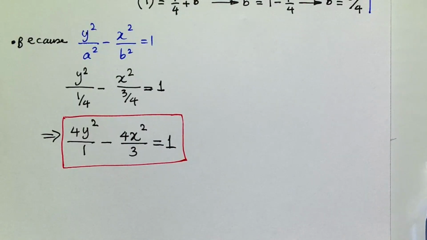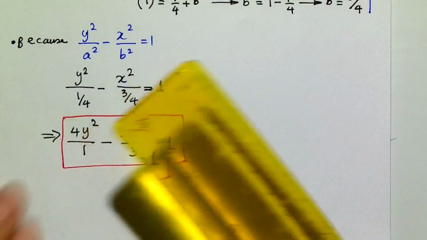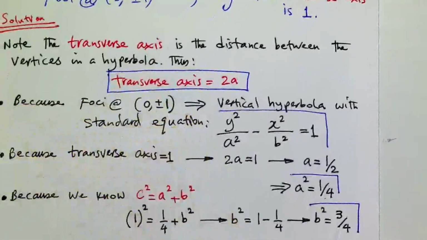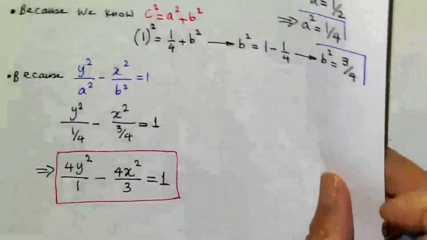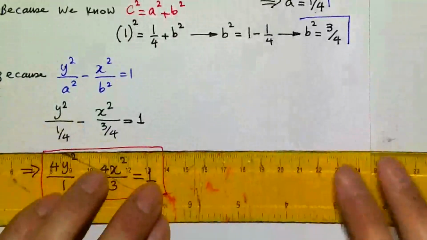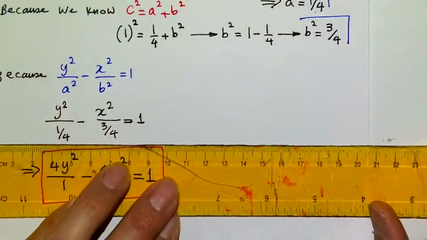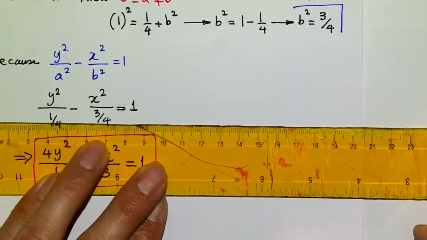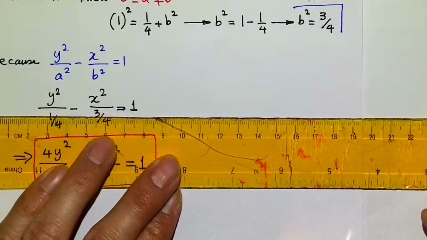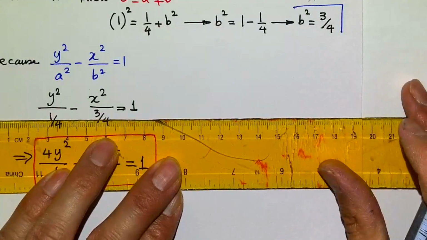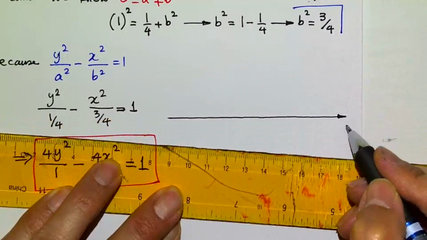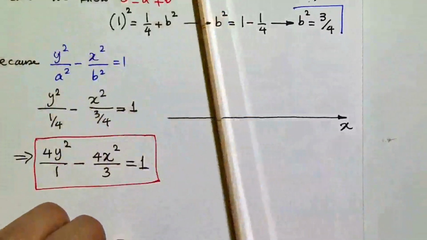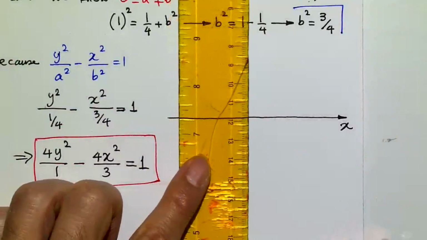Now, the transverse axis, we talked about it here as being 2a. I want to make sure that everybody's clear what we're talking about when we're saying transverse axis, so let me draw a graph of this. They're not asking us to draw the graph, by the way. I'm just doing it for clarity.